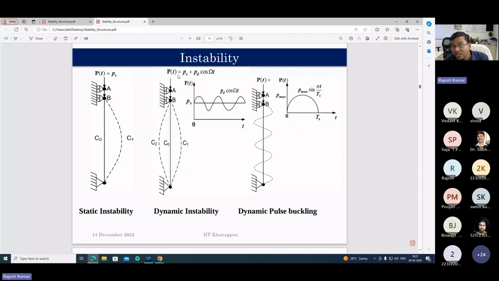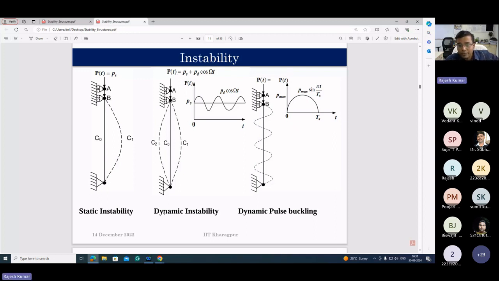Wind load is dynamic in nature, and due to that, large oscillation of the bridge takes place. The frequency of the wind loading coincides with the frequency of the structural members. Once the frequency coincides, there is a large deformation, and then there is a huge chance of collapse.